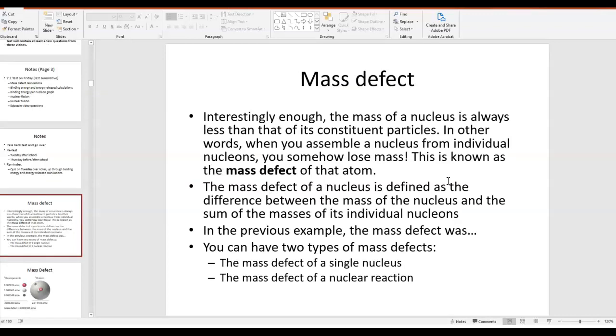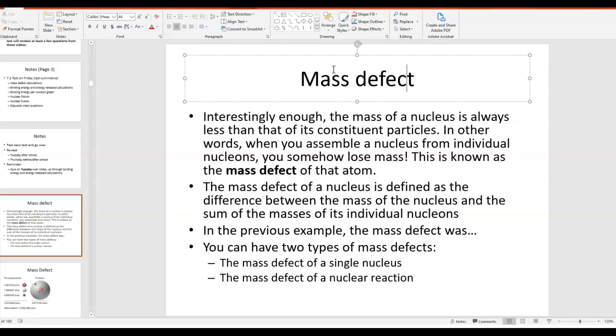Now, again, please make sure you're taking notes as we go through these slides. As you can see from what it says on the slide, hopefully you've already read this, the mass of a nucleus is always less than the mass of its constituent particles. When I say constituent particles, that just means the particles making up that nucleus.